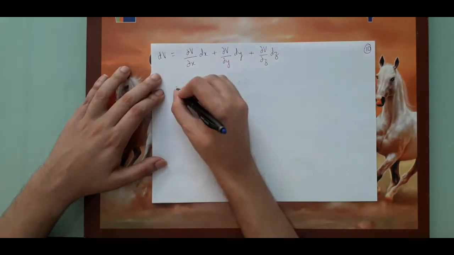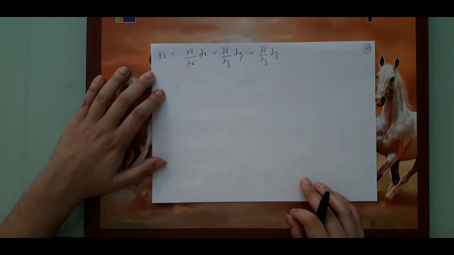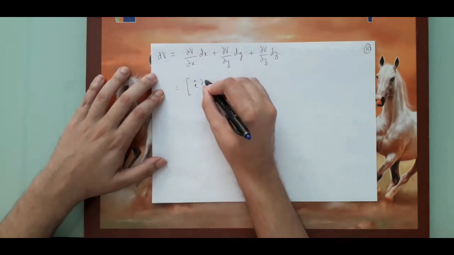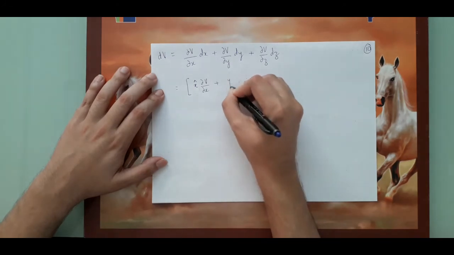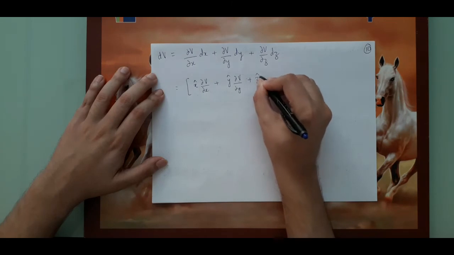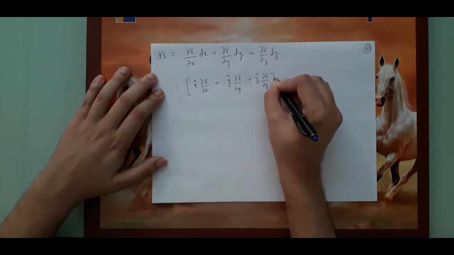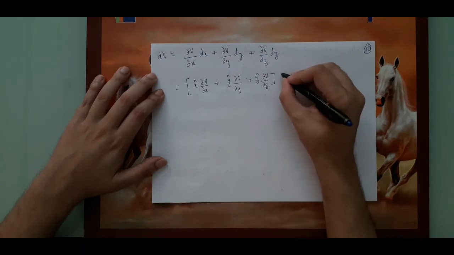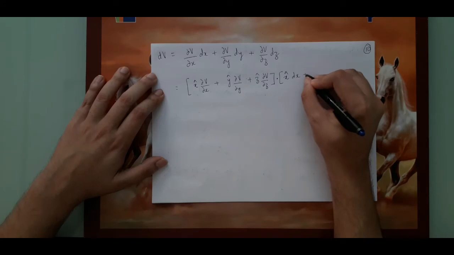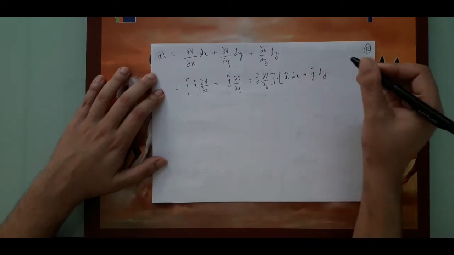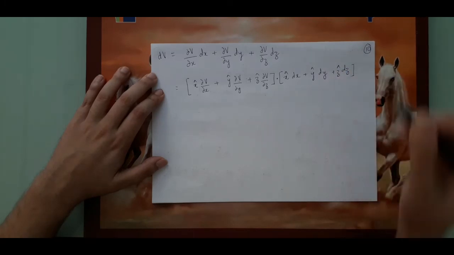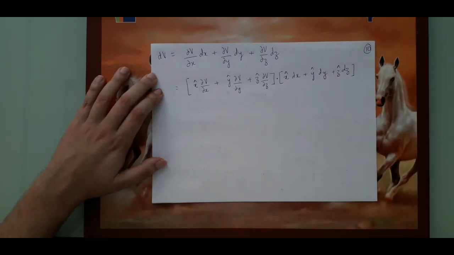So I can express this as a dot product of two vectors. How? I can very easily say this.